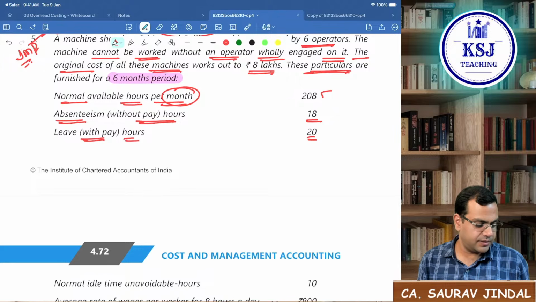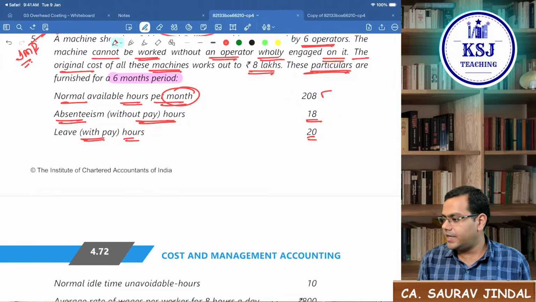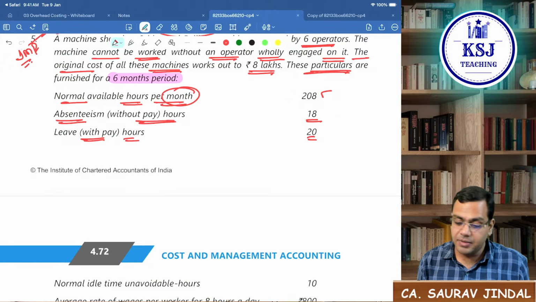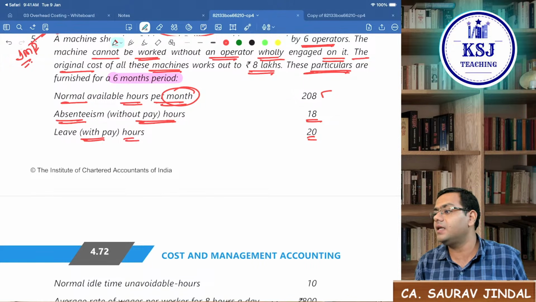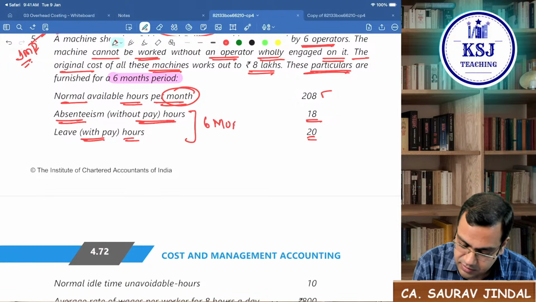What do you think? It is for 6 months. Correct. It is for 6 months, because had it been monthly, it would have been clearly mentioned. So absenteeism and leave are for 6 months.